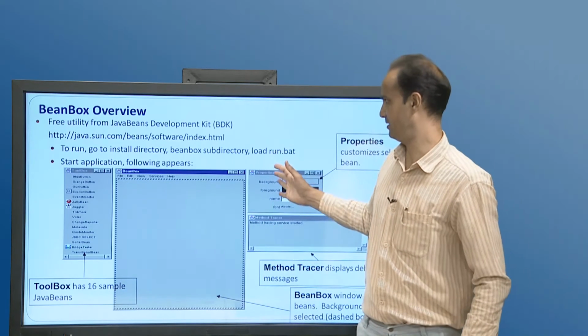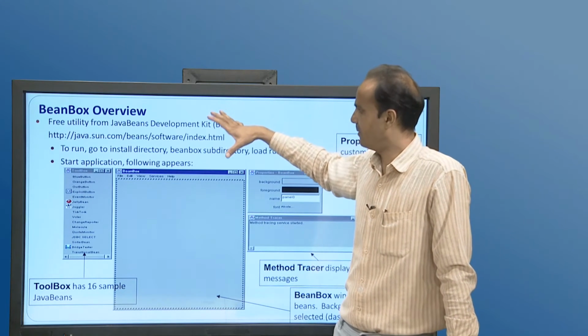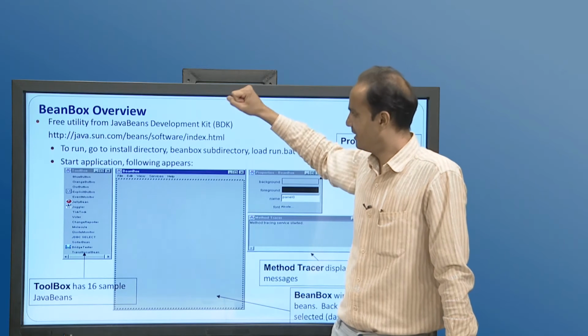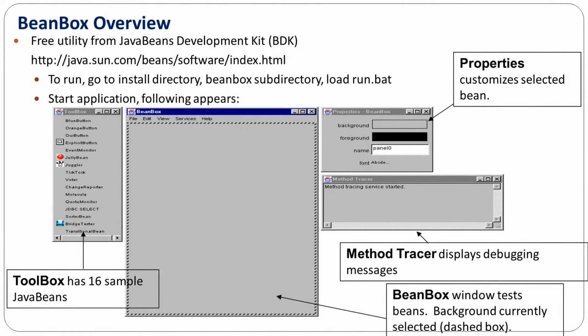See here the BeanBox overview. The BeanBox is downloaded from the Sun Microsystems site, but right now whenever you write java.sun.com, it will be redirected to Oracle as it has been taken over by Oracle. So, the BeanBox will be retrieved after downloading the BDK.